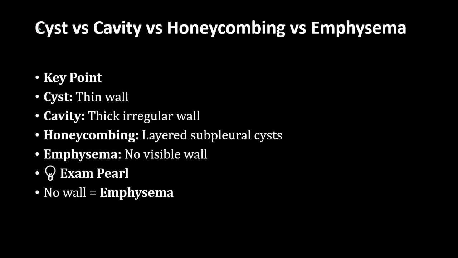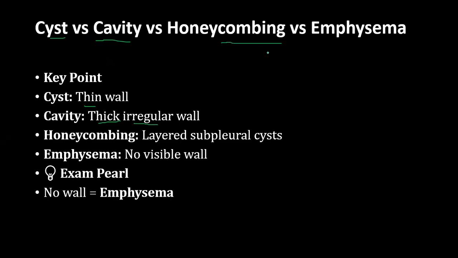First, let's discuss what a cyst is. Previously we discussed that a cyst usually has thin walls. This differentiates the cyst from a cavity, which usually has very thick walls that are also irregular.